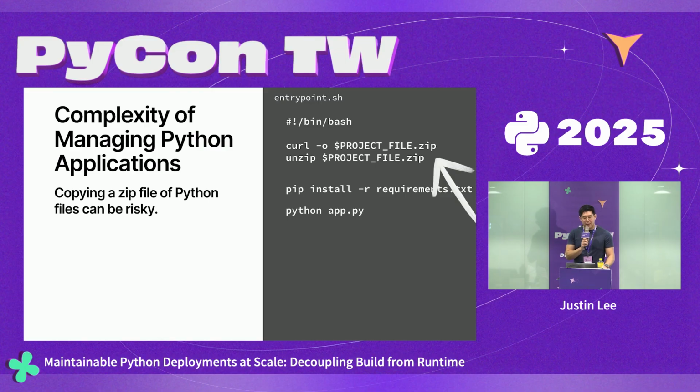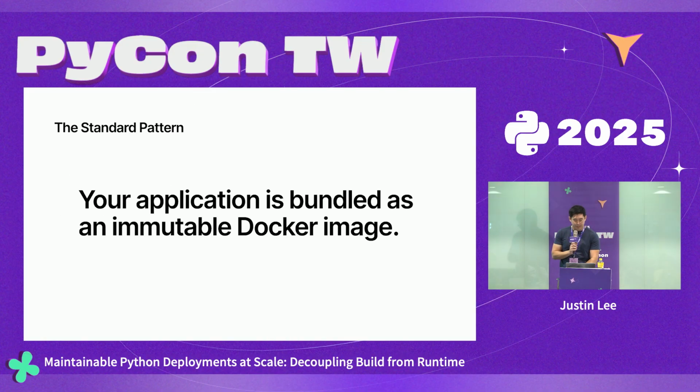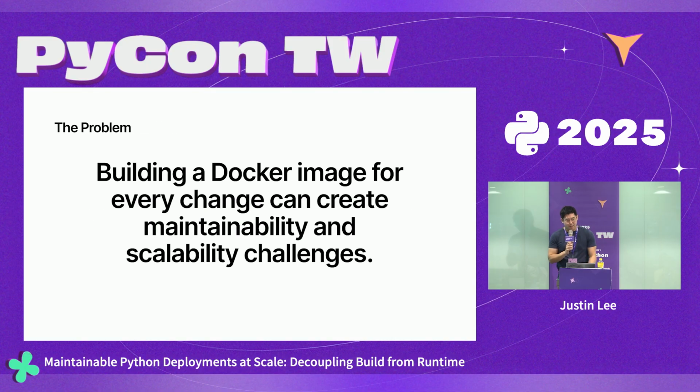But before I do that, I want to do a quick summary of everything that has been discussed so far. The standard pattern for deploying Python code results in your application being bundled as an immutable Docker image. And the problem with that is that building a Docker image for every change can create maintainability and scalability challenges.